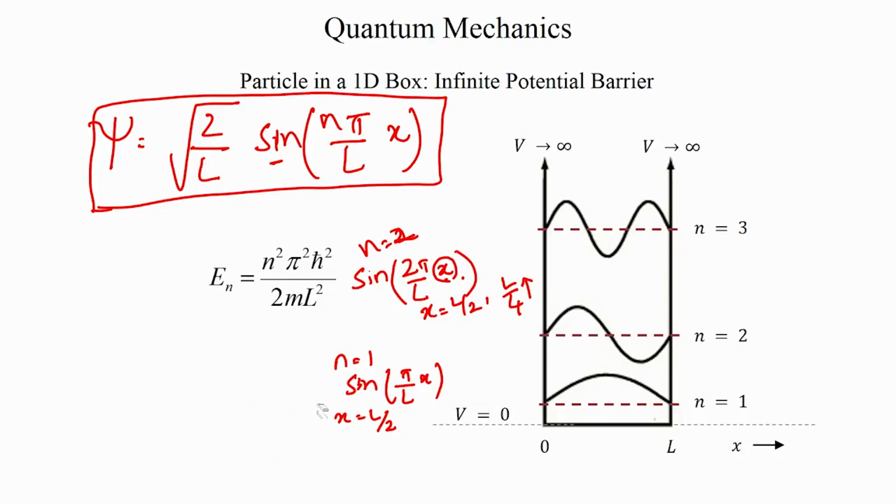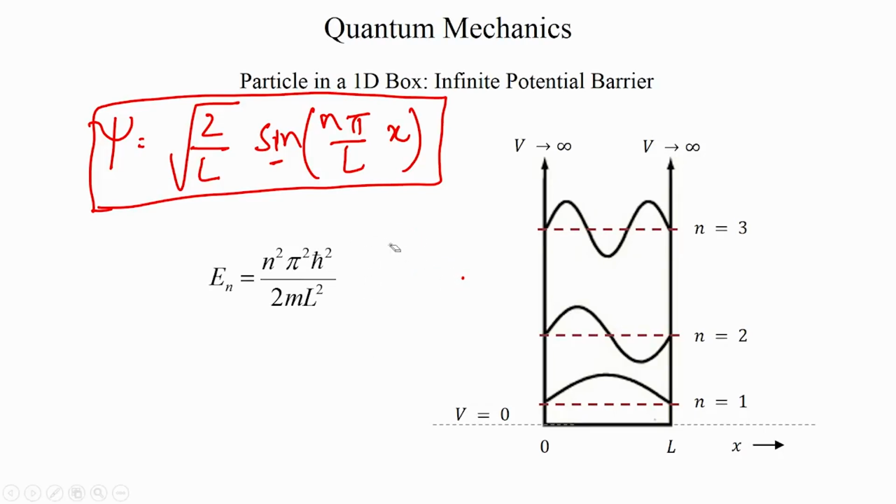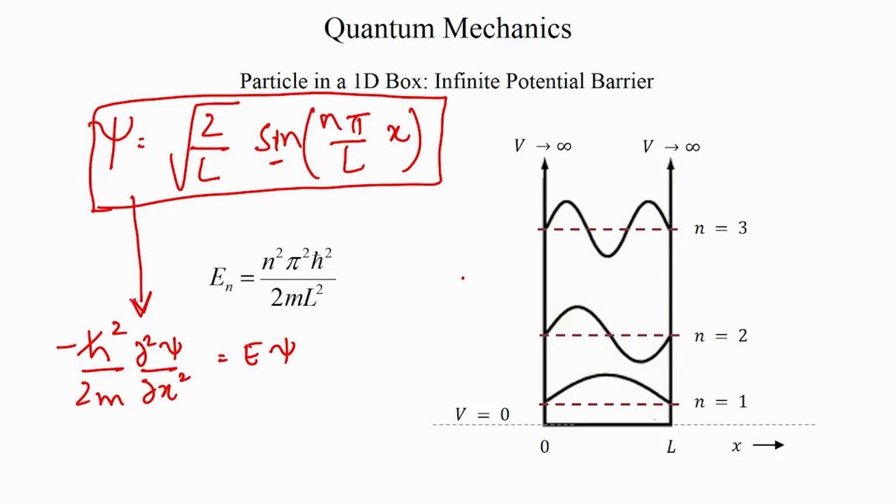Now let's try to calculate the energy of this wave function, and that's going to tell you a lot of interesting things. How do we calculate the energy? Since my Schrodinger's equation is minus h bar square by 2m d square psi by dx square is equal to E psi, and now I know my psi accurately, I'm going to use this expression in the left term here.